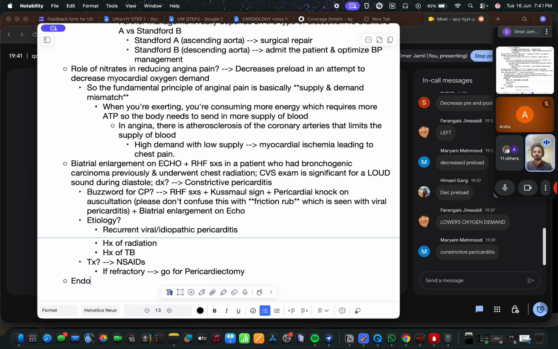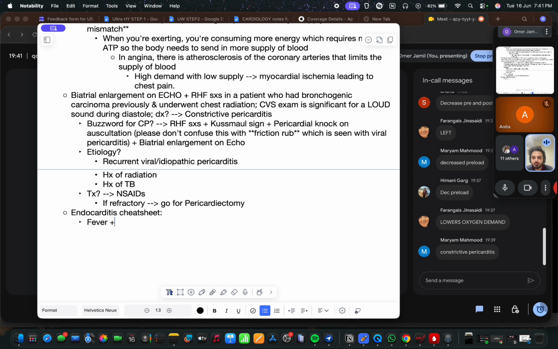Okay, then endocarditis cheat sheet. Fever plus murmur plus IV drug use history. What's the bug? Staph aureus.